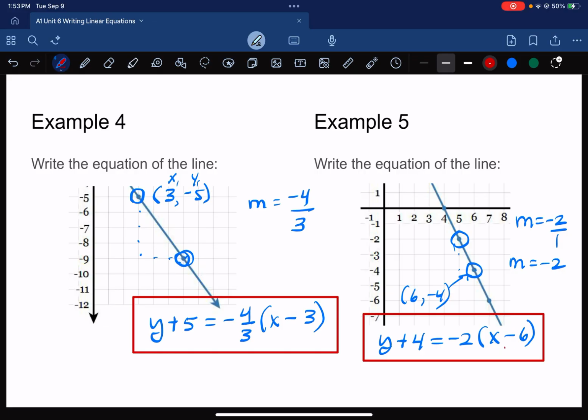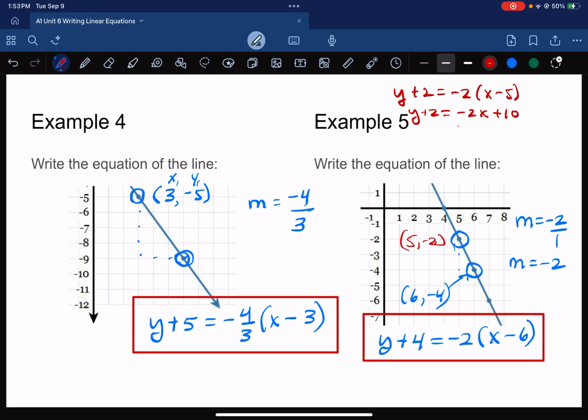So even though you use a different point than I used, like if you'd used this point right here at 5, -2, then that equation would have been y minus -2 equals slope x minus 5. Well, if you distribute the -2, you get -2x plus 10.